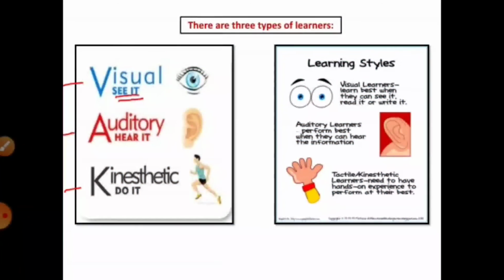For visual learner they learn best قلنا when they see it, read it, write it. For auditory they learn best when they hear it بيعتمد على حاسة السمع. For kinesthetic they learn or they need to have what hands-on experience to perform. بحب إنهم بفضلوا يأدوا يلي بيتعلموا. Okay.